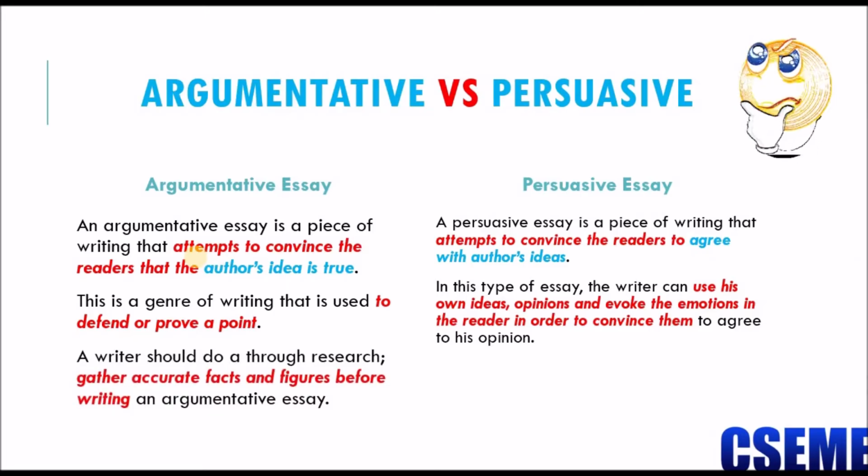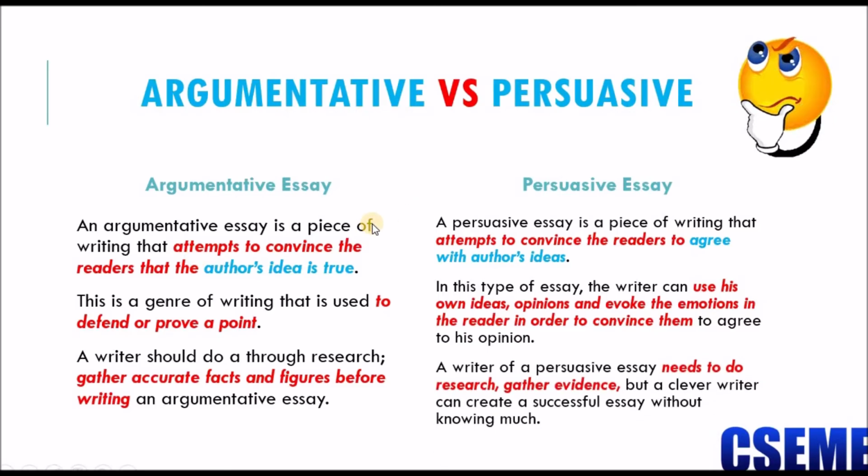Next, you use facts and figures in order to convince. In your argumentative essay, you're using your facts and figures as evidence to support your point. Whereas for the persuasive essay, yes, you're going to do your research, yes, you're going to gather your evidence, but you're using your words to get the reader to agree with you.